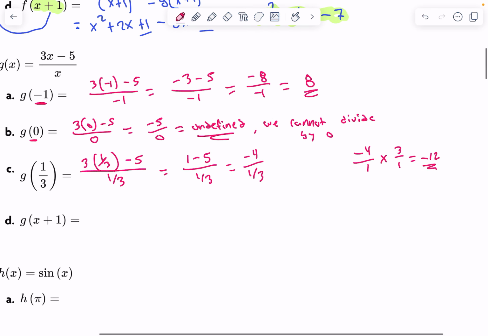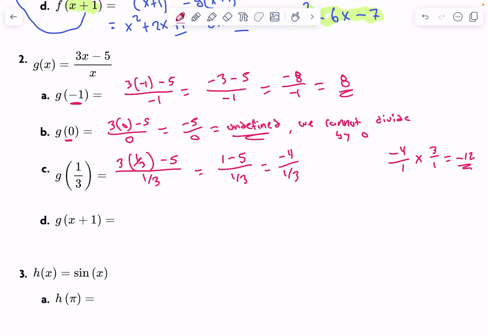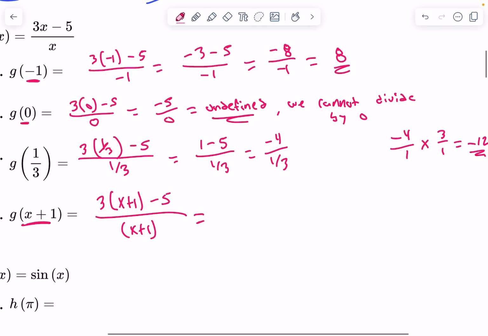And then last but not least, we're plugging in x plus 1 for x, right? So we're going to have 3 times x plus 1, minus 5, all over x plus 1. Let's distribute this out. We're going to get 3x plus 3, minus 5, all over x plus 1.